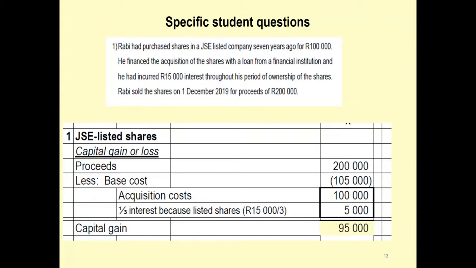I deal with the acquisition costs, the 100,000 Rand, and I add to that separately 1/3 of the 15,000 Rand interest, with a reason: 1/3 interest because it's listed shares. Those two added together give me my base cost of 105,000 Rand. And then the difference between my 200,000 Rand proceeds and my 105,000 Rand base cost is going to give me a capital gain of 95,000 Rand.